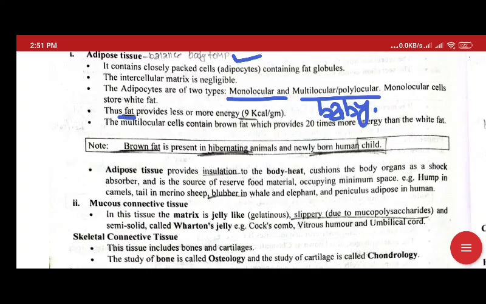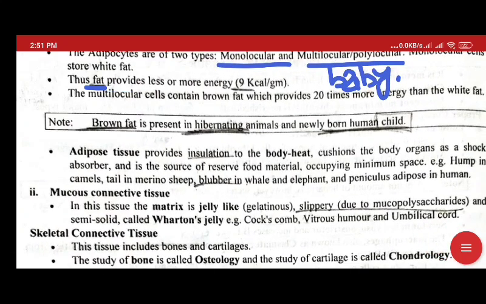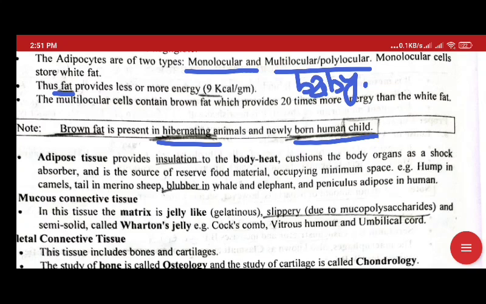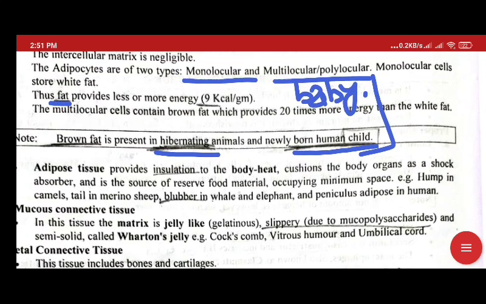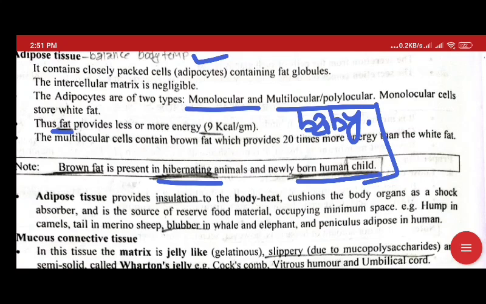Now we have brown fat present in hibernating animals and newborn children. This is called brown type, multilocular. This is given here as brown fat.